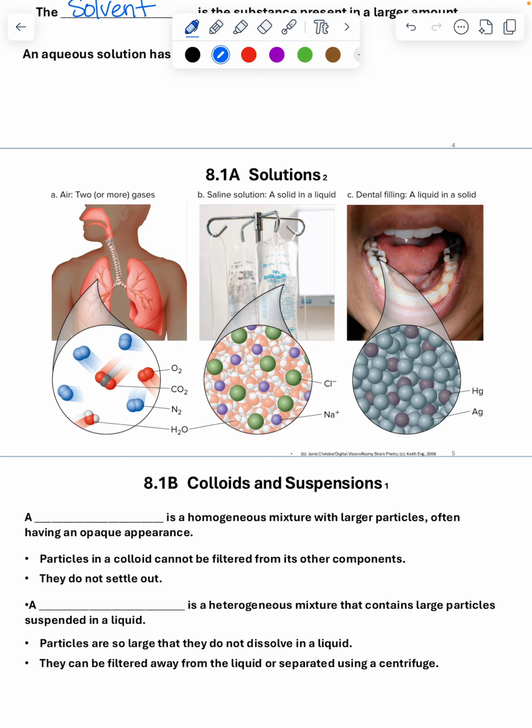Or if you've had any dental work done, perhaps you have some of the old style fillings that are silver, and that is actually a mixture we see here of mercury and silver. These are just three different examples of solutions, containing very small particles, uniform throughout, and they're considered homogeneous mixtures.